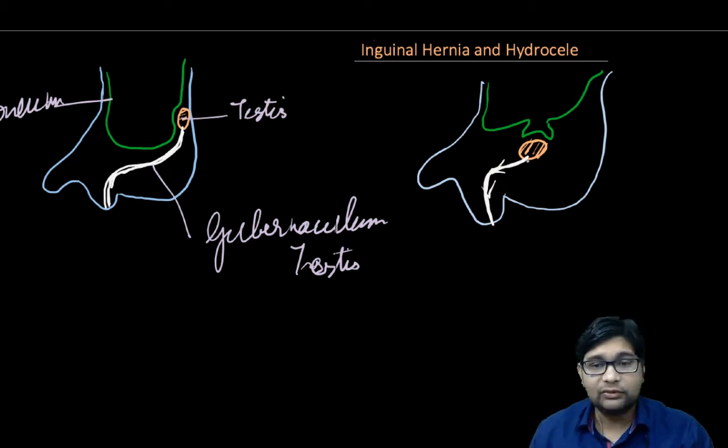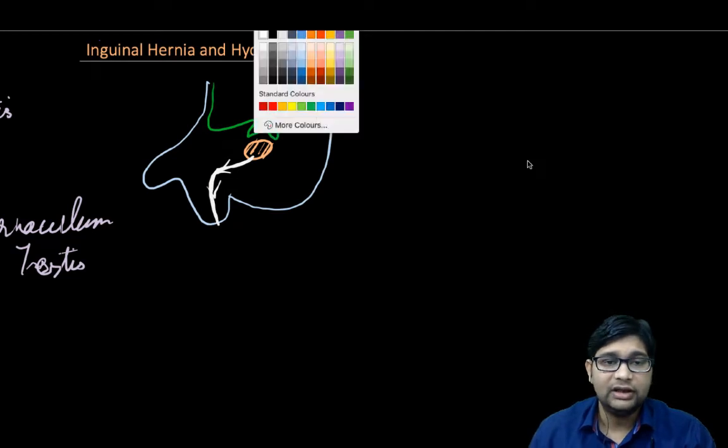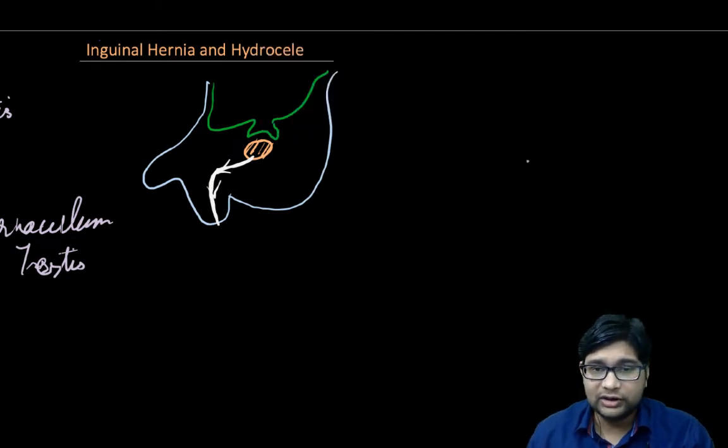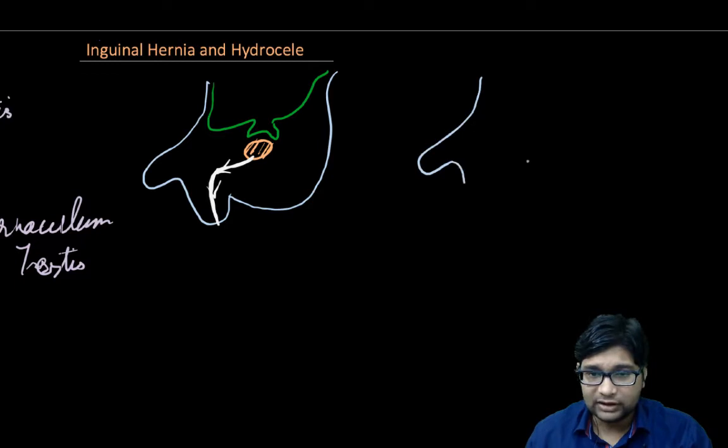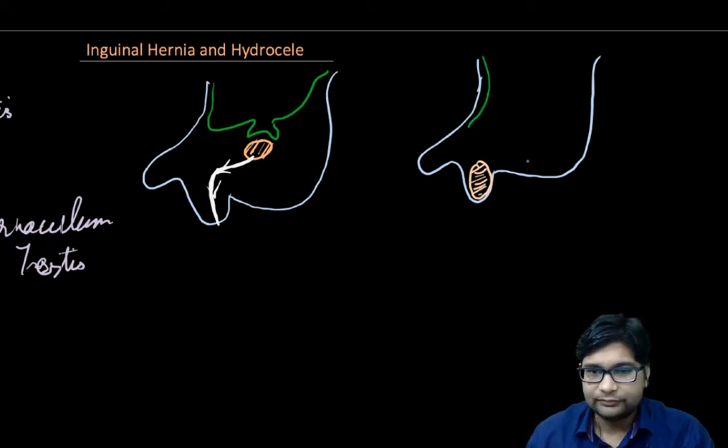So once the testicular descent is complete, it lies in the scrotal sac. It goes into the scrotal sac, and it pulls up a part of the peritoneum also. The testis goes into the scrotum like this, and it pulls a part of the peritoneum along with it.